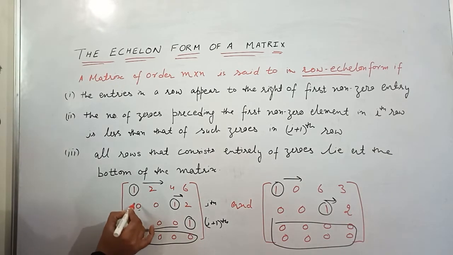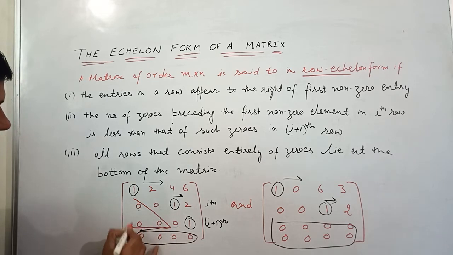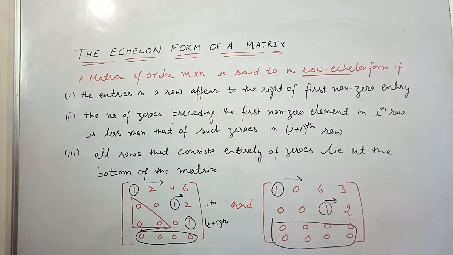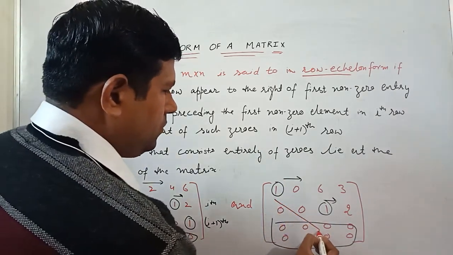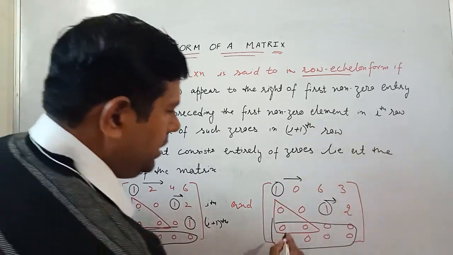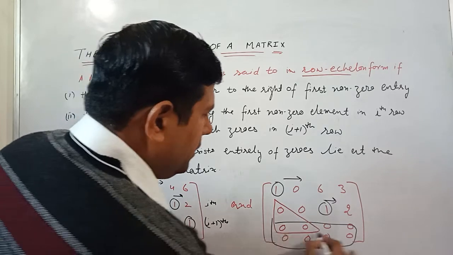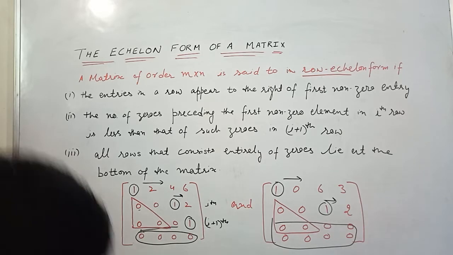So you can see from here, this is an upper triangular matrix. From here also an upper triangular matrix, and these are zero rows. Okay, we may take some other examples also.